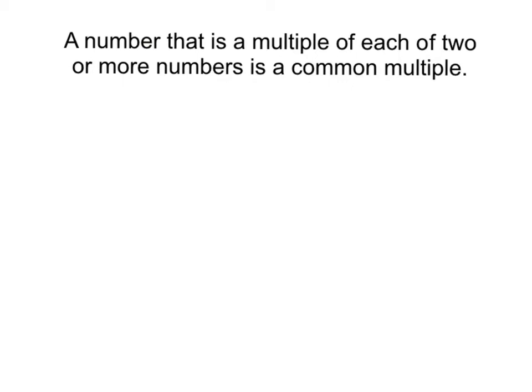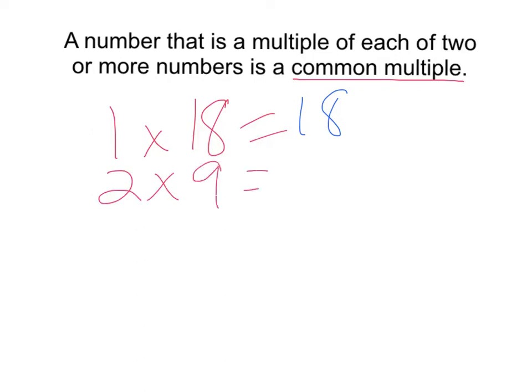A number that is a multiple of each of 2 or more numbers is a common multiple. So that means if you have 1 times 18 gives you 18, 2 times 9 gives you 18, and 3 times 6 gives you 18.